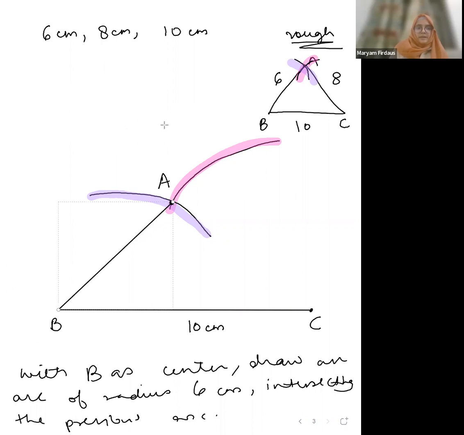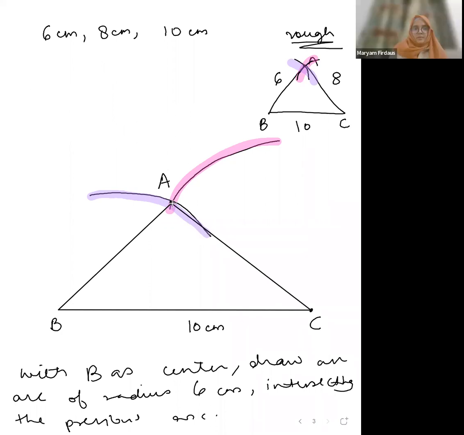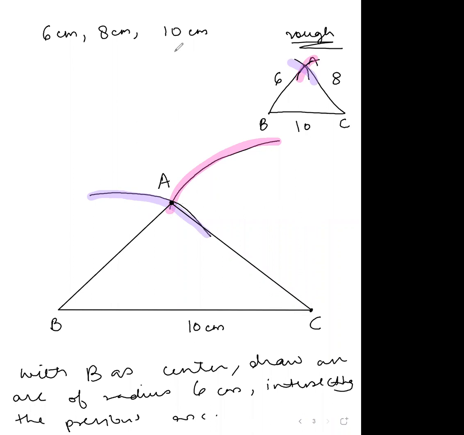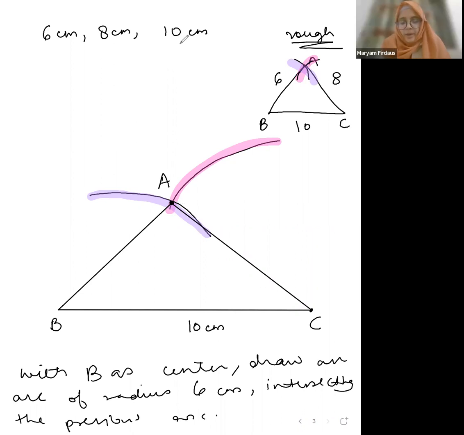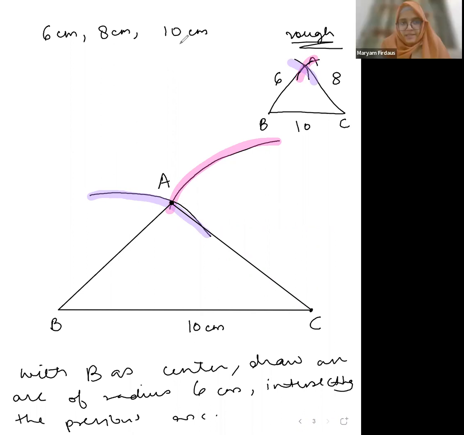Join A and B. Then next step, join A and C. Very good. Does your triangle look like this? Yes. Okay. Do you have a protractor with you, Hiba? Yes. Measure angle BAC and tell me.